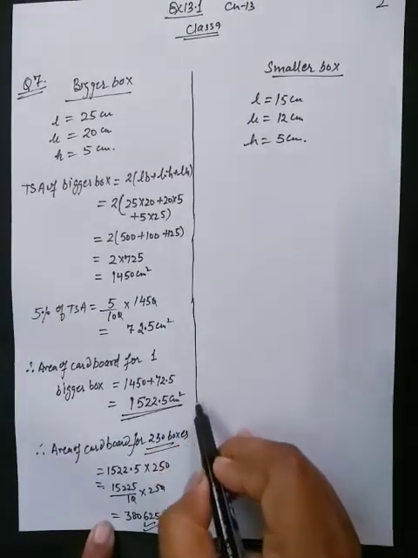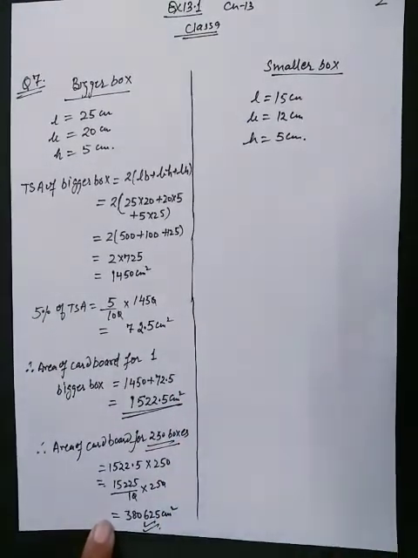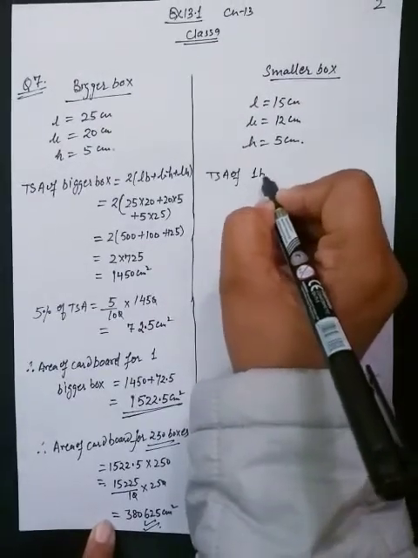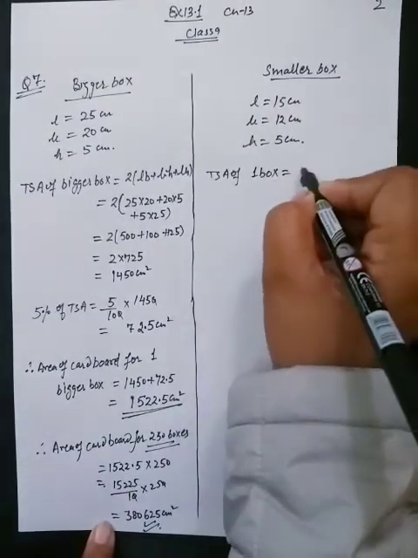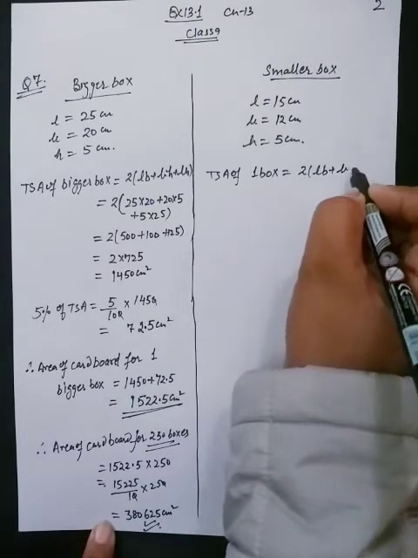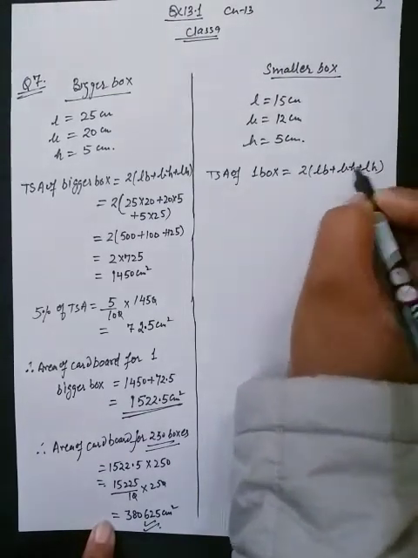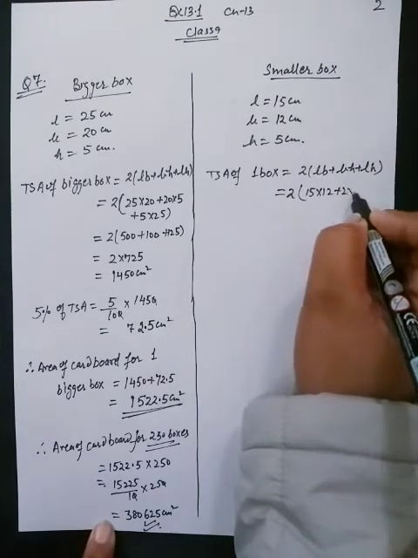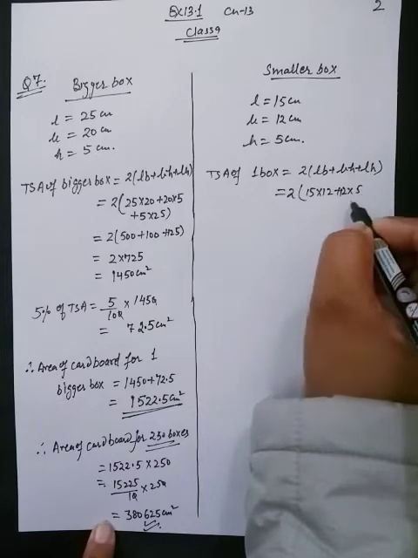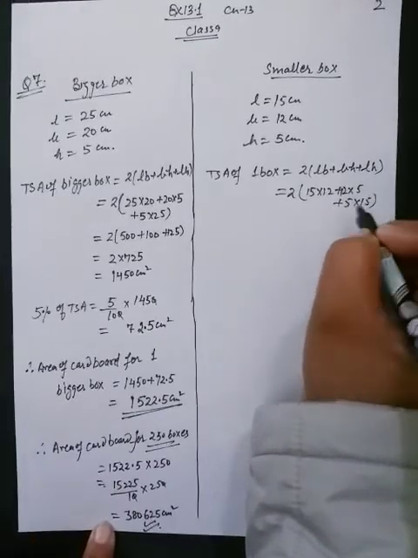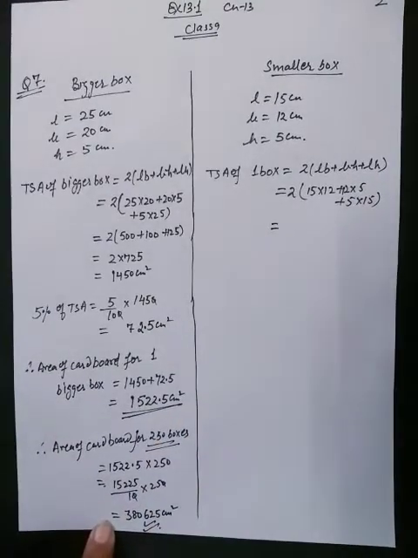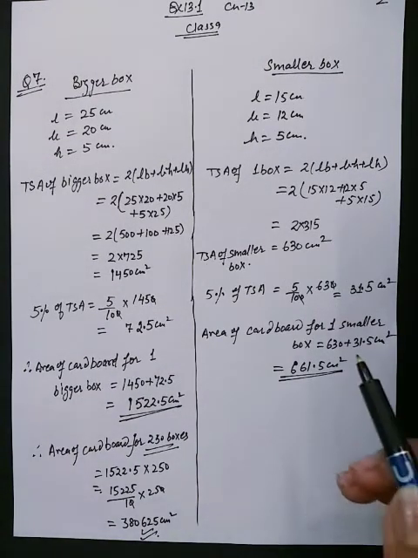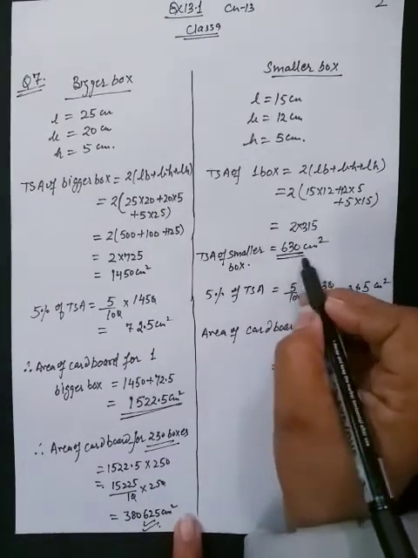Now same we have to find for the smaller box. So TSA of one box is 2 into LB plus BH plus LH. So TSA of one smaller box will be 630 centimeter square.